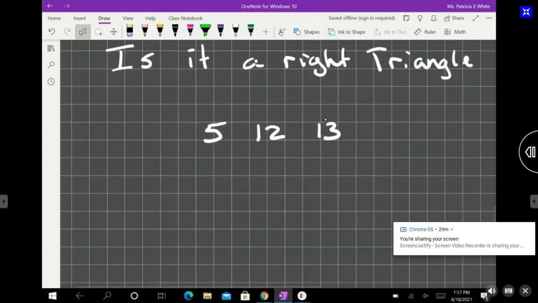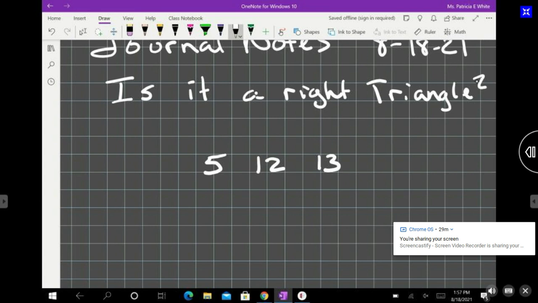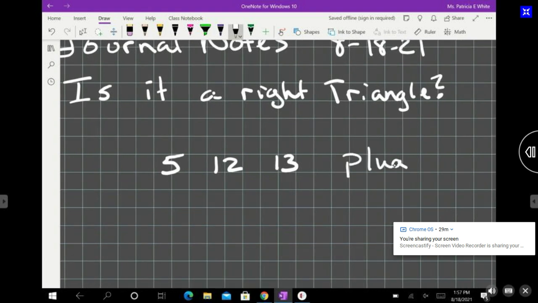Is it a right triangle? So how do I find out? Plug into a squared plus b squared equals c squared.